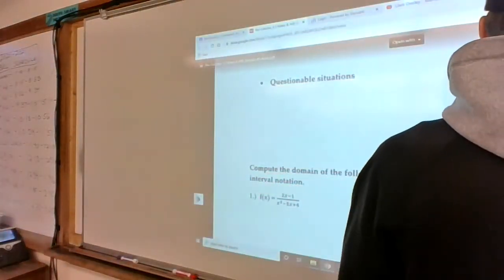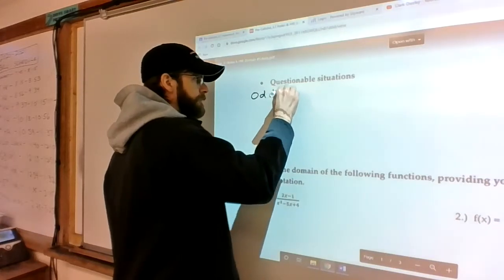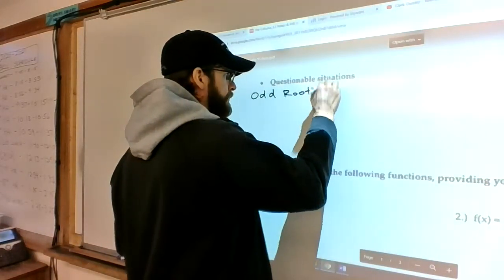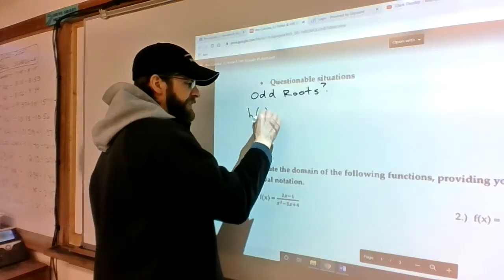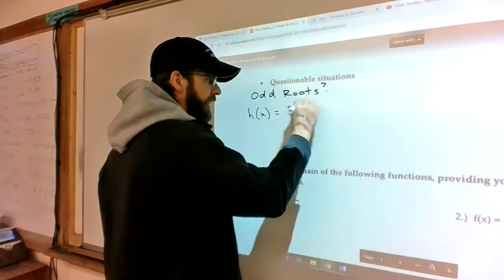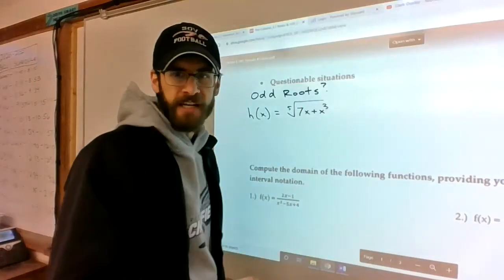So we talked about even roots. How about odd roots? Let's say h of x is equal to the fifth root of 7x plus x cubed. Something pretty random like that.